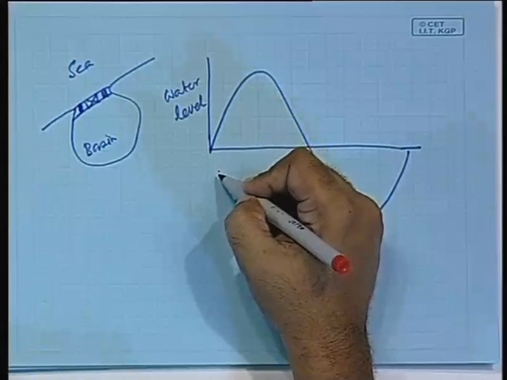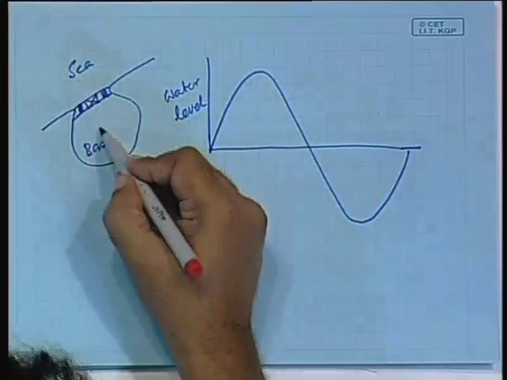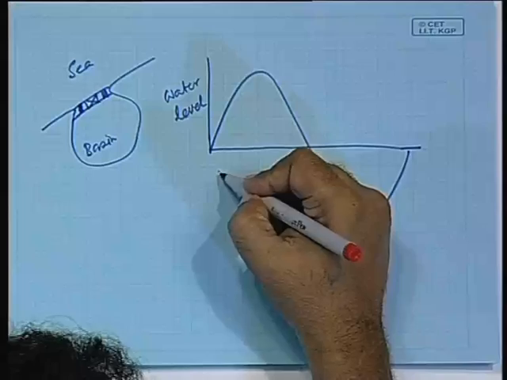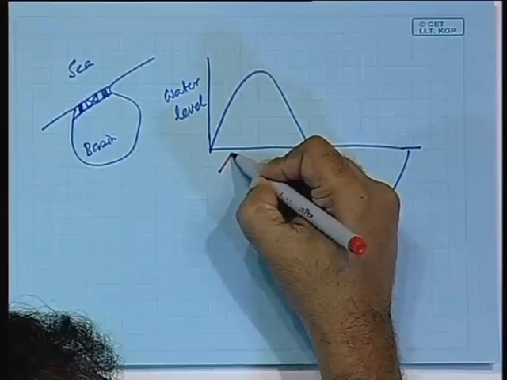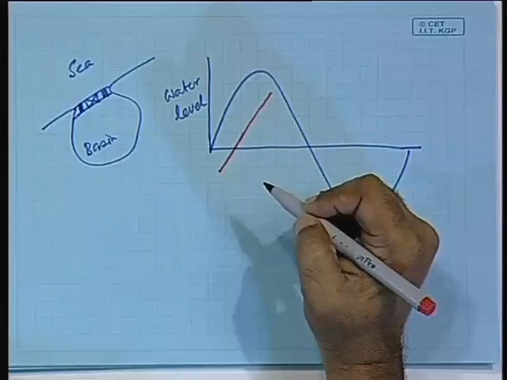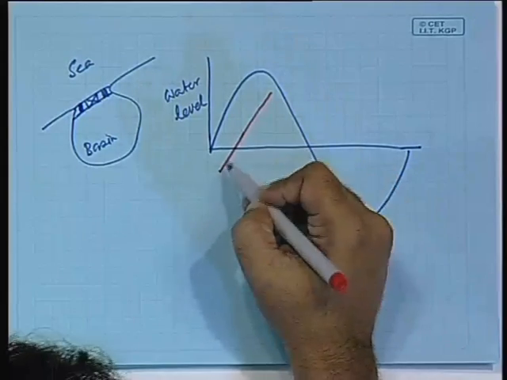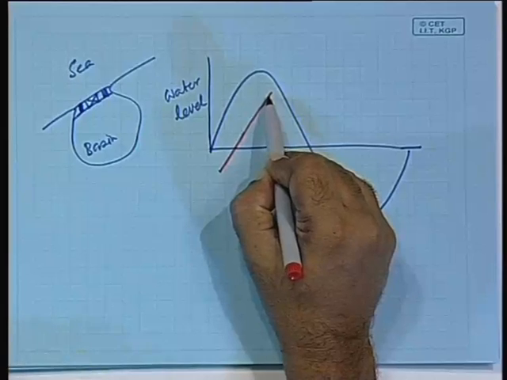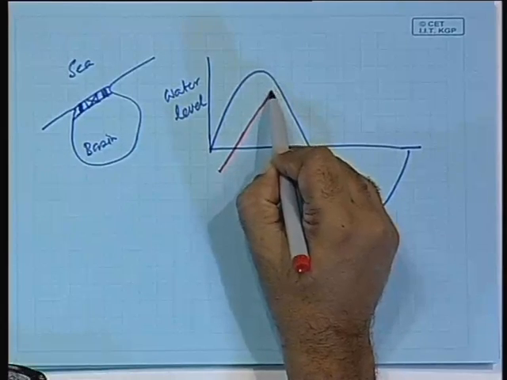Since they are open, the water is going into the basin from the sea, and therefore the basin level should go up. So, it goes up like this. This is the basin water level till a point where you can no longer run the turbine because the head has become too low.